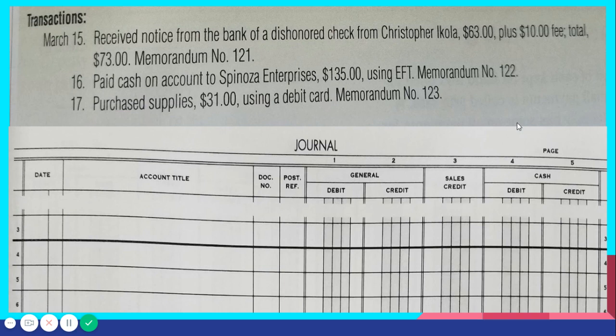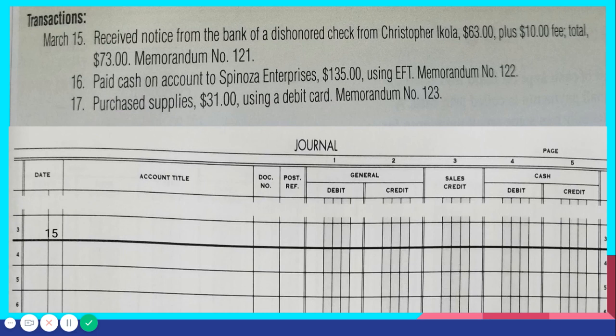All right, let's do the work together. On March 15th, we received notice from the bank of a dishonored check from Christopher Icola for $63, plus a $10 fee because it was a dishonored check. The total was $73. To do this, we first start with the date, March 15th.